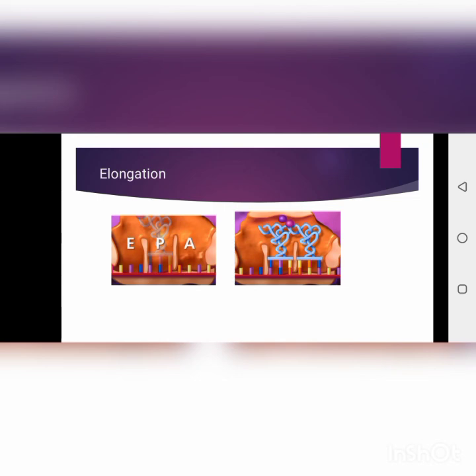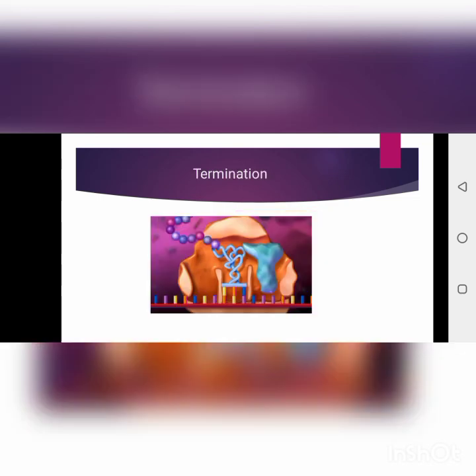The complex slides down one codon to the right where the uncharged transfer RNA molecule exits from the E site and the site is open to accept the next transfer RNA. The elongation will continue until a stop codon is reached. The release factor binds to the A site at the stop codon and the polypeptide is released from transfer RNA and the complex dissociates. Jazakallah.